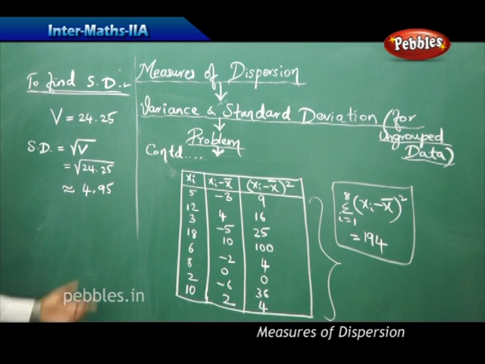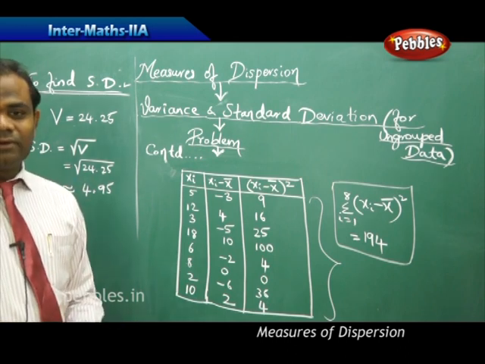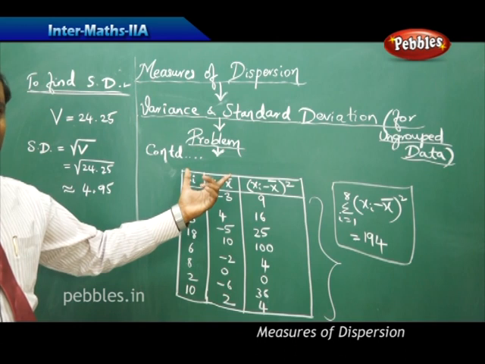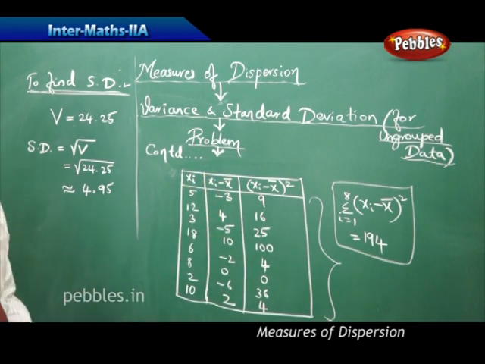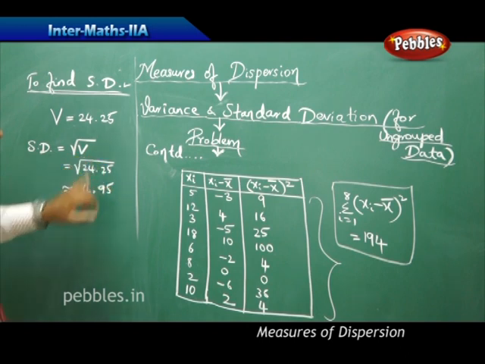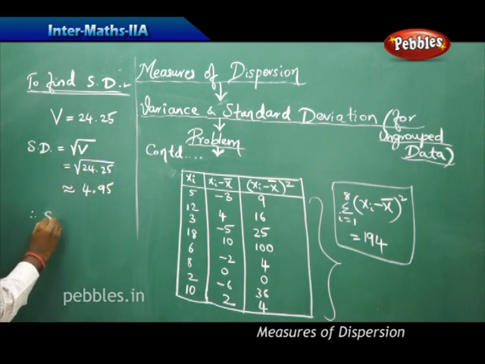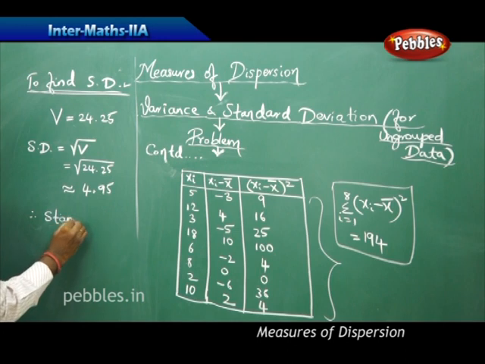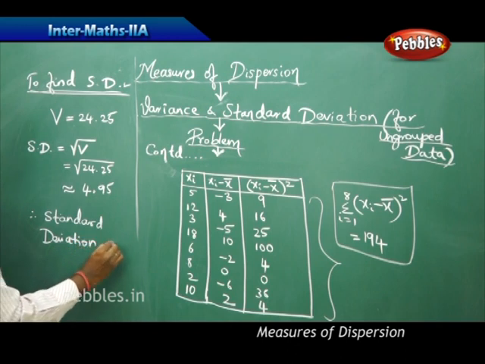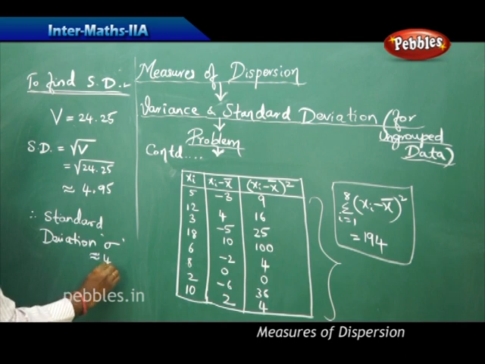This is how we find the standard deviation. Therefore, once we know the variance of the given data, we can easily find the standard deviation by simply finding the positive square root of that variance. Therefore, standard deviation, generally denoted by sigma, is given by approximately 4.95.